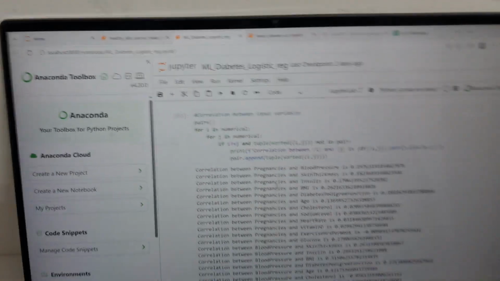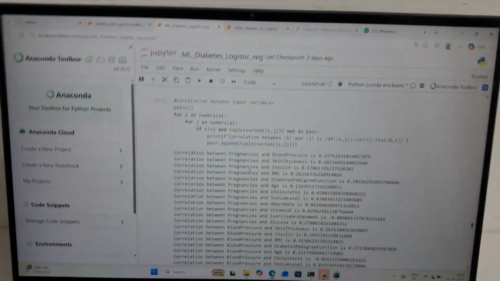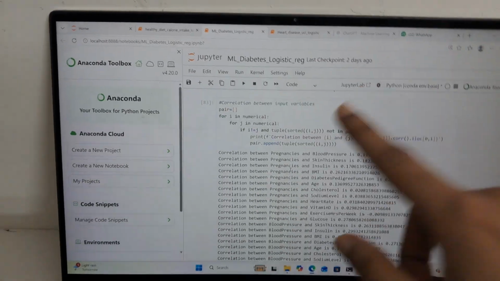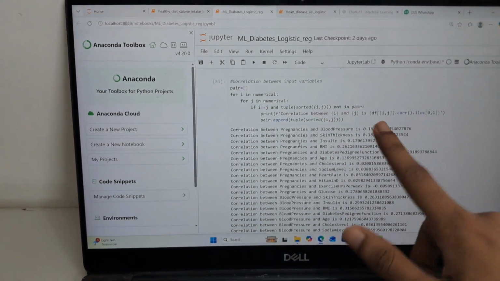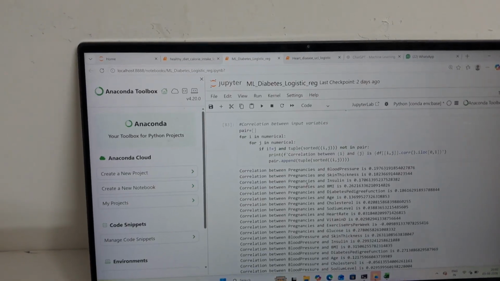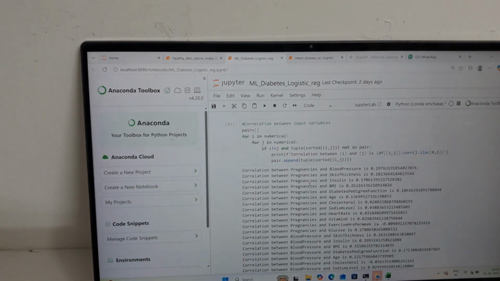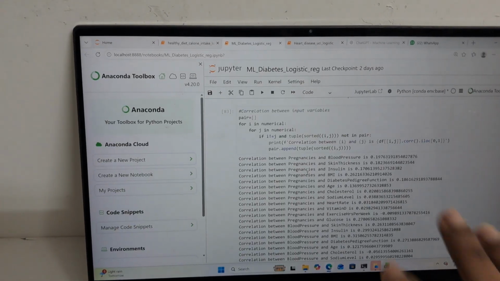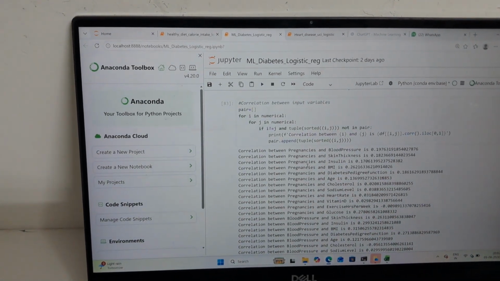And next is correlation. It's really interesting. Correlation means relation between two columns. These columns mean numerical columns. So correlation is used to check the relation between two columns only if there are two numerical columns. So first I'll check the relation between input versus input.